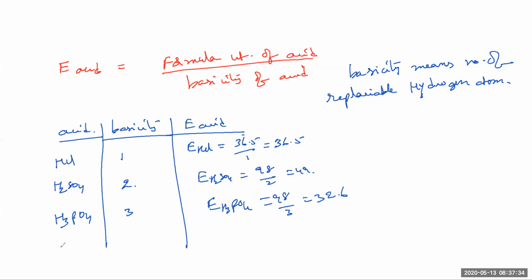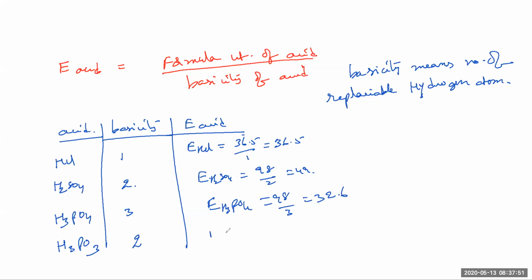Next, H3PO3. It is phosphorus acid, and it contains 3 hydrogens, but not 3 replaceable hydrogens, replaceable hydrogens 2 only.